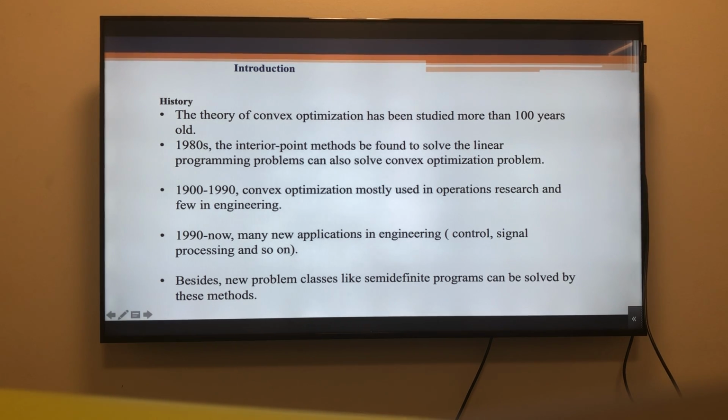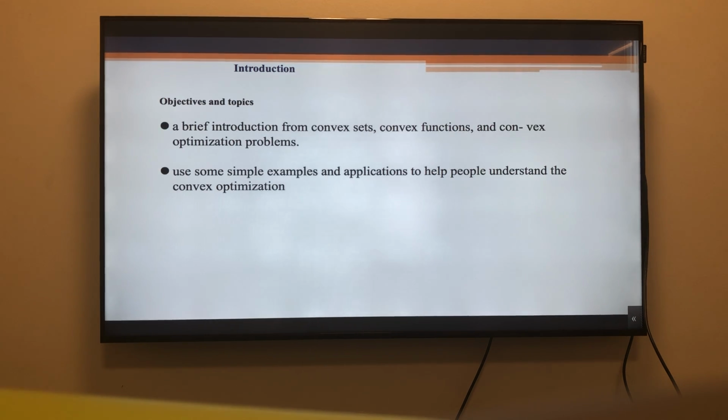Before the 1990s, convex optimization was mostly used in operations research and just a little in engineering. But after the 1990s, there are many new applications in engineering, like control, signal processing, and so on. And some new problem classes, like semidefinite problems, can also be solved by this method.